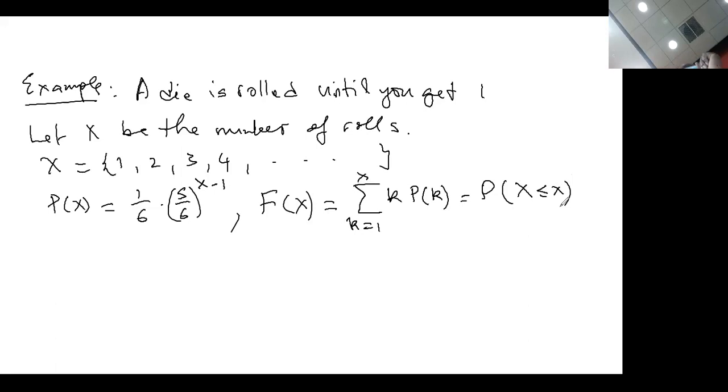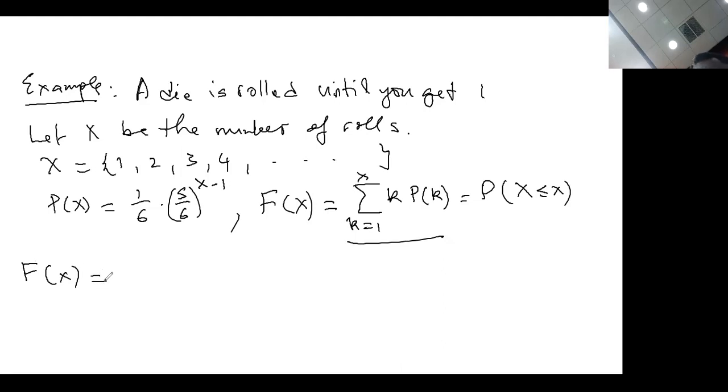Do we understand what I mean here, Dasha? Cumulative distribution is the sum of everything up to where you are. And that's the meaning of this sum, this expression.